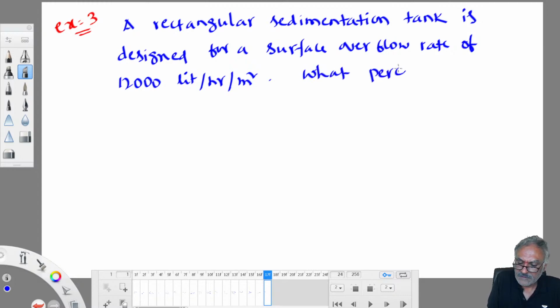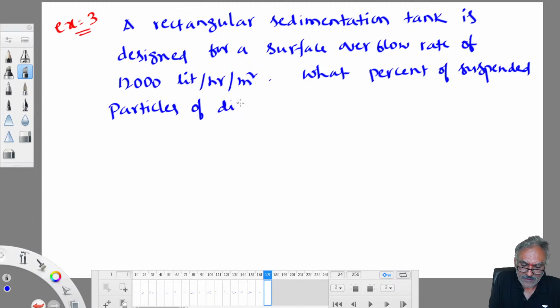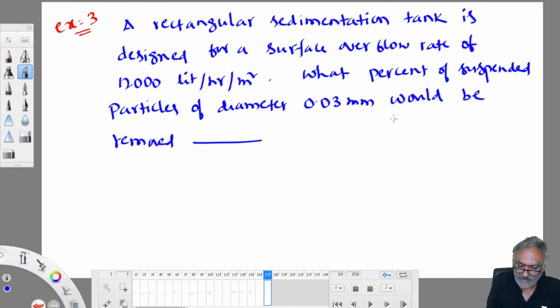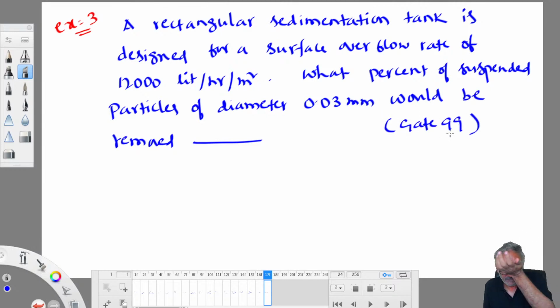What percent of suspended particles of diameter would be removed? This is also asked in the GATE exam. This is a GATE 1999 question.